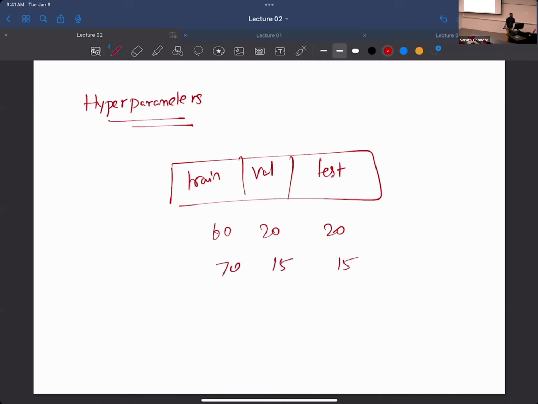Anything else? 70, 20, 10. Okay. I think the one trend I see here is all of you want to keep more data for training. Why? To learn the best parameters possible.